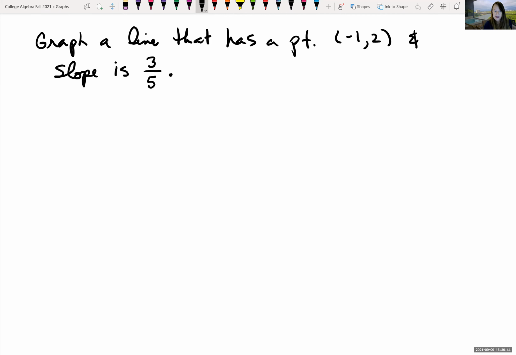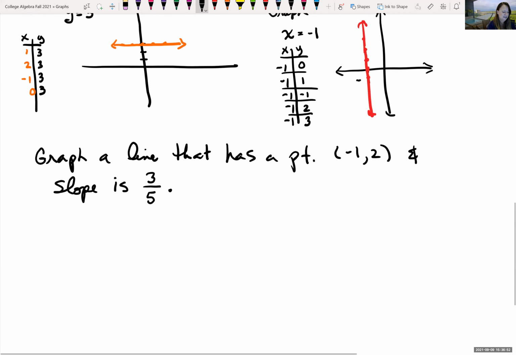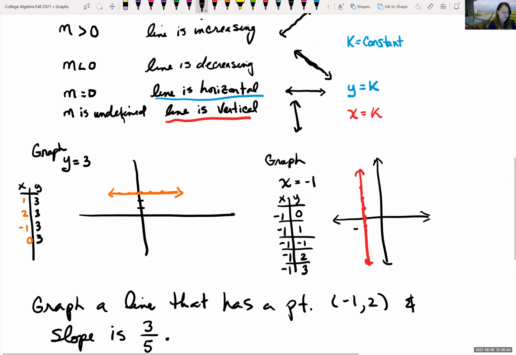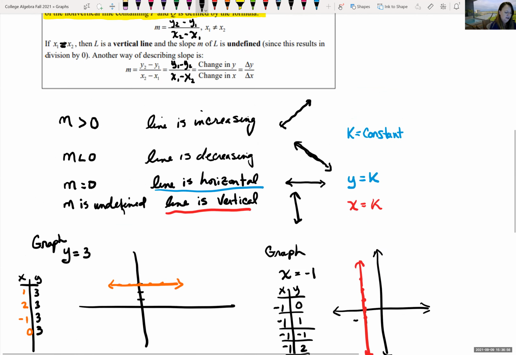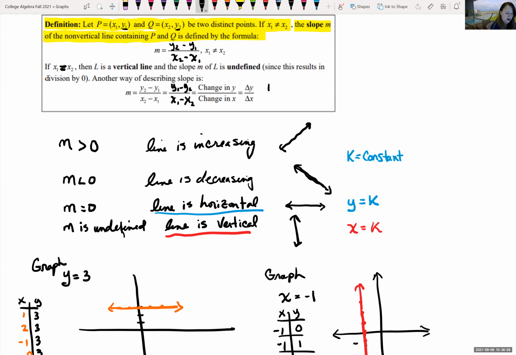So we were talking about slope as being the change in y over the change in x. Another way that we could have defined this, back up here, is the slope kind of gives us directions how to get from one point on the line to another point on the line. And so you might have heard it as rise over run.